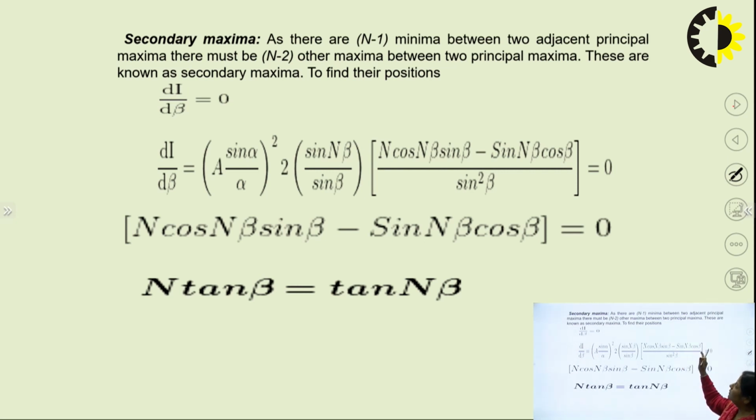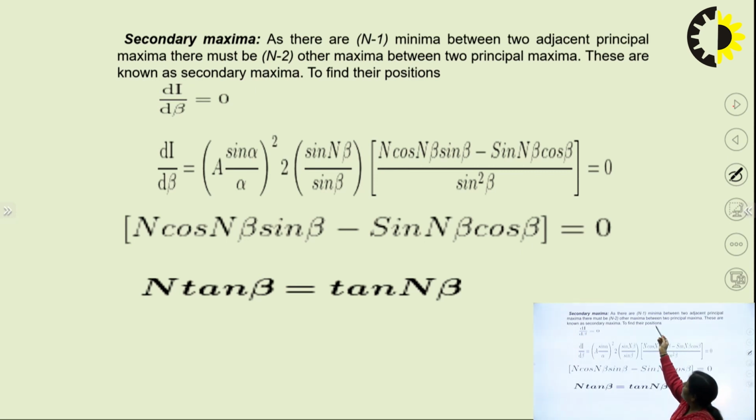That is what can be understood from the term secondary maxima. It is the position where the intensity is lesser than the principal maxima, but still larger than the minima. So what is the position of the secondary maxima in the case of this N-slit diffraction?